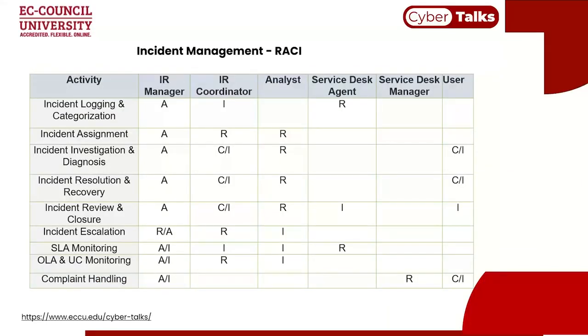Over here, this is a sample of a RACI matrix that I have used for my teams from an incident management perspective, so that we drive communications, we ensure accountability, and we present the right information to leadership as needed during the course of an incident response program.